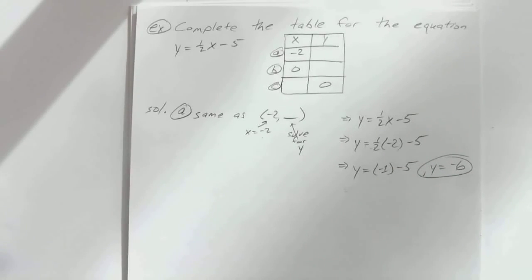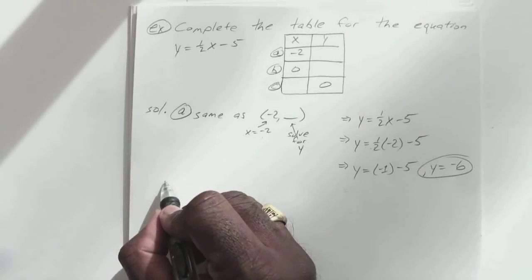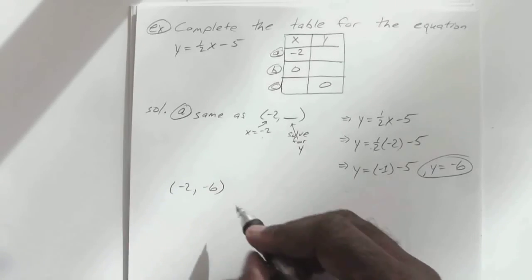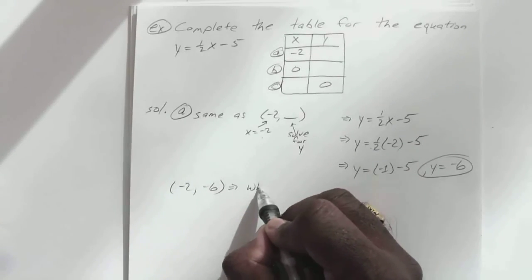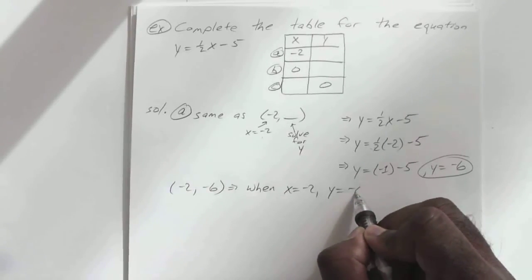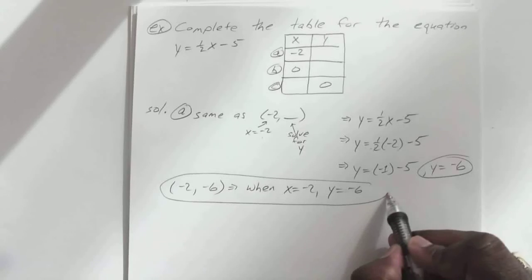Okay, so we know that when x is equal to -2, y is equal to -6. So we end up with -2, -6.